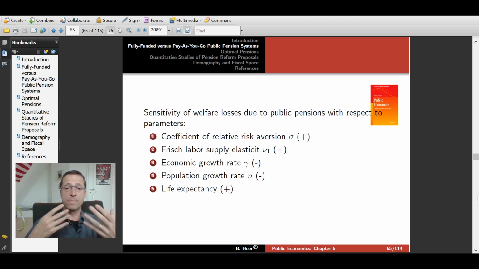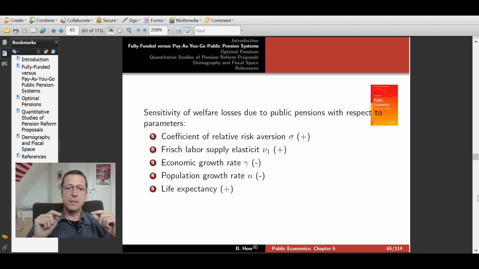Economic growth is very important. If we have no economic growth, then the optimal pension system is basically a 0 replacement rate, no pensions. Population growth rate is also important. With higher population growth, let's say like in the 60s, the optimal replacement rate is much higher than today.